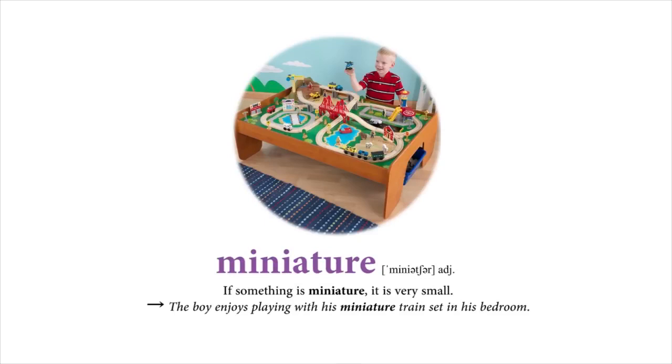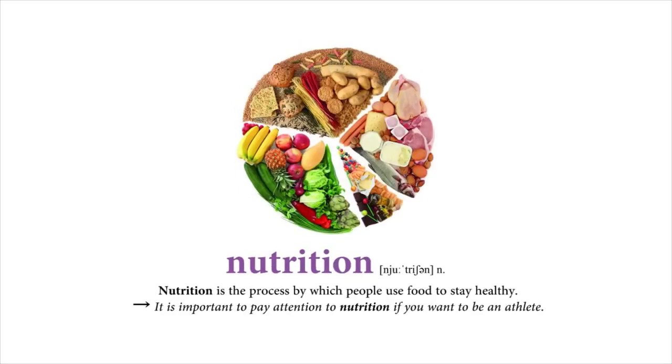Miniature. If something is miniature, it is very small. The boy enjoys playing with his miniature train set in his bedroom. Nutrition. Nutrition is the process by which people use food to stay healthy. It is important to pay attention to nutrition if you want to be an athlete.